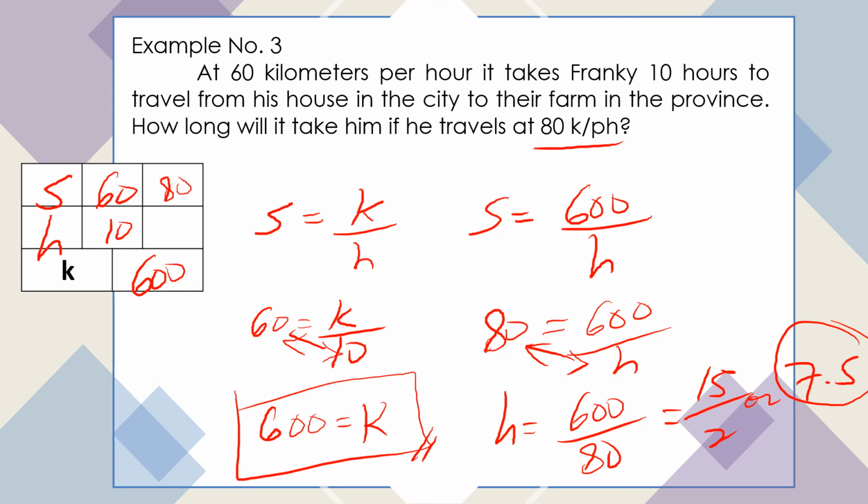Yan yung 7.5 hours. Okay, another thing to consider. Pansinin nyo, yung speed niya tumaas, therefore, bababa yung kanyang oras ng biyahe. From 60 naging 80, from 10 naging 7.5 na lang. And that is the final answer, 7.5 hours.